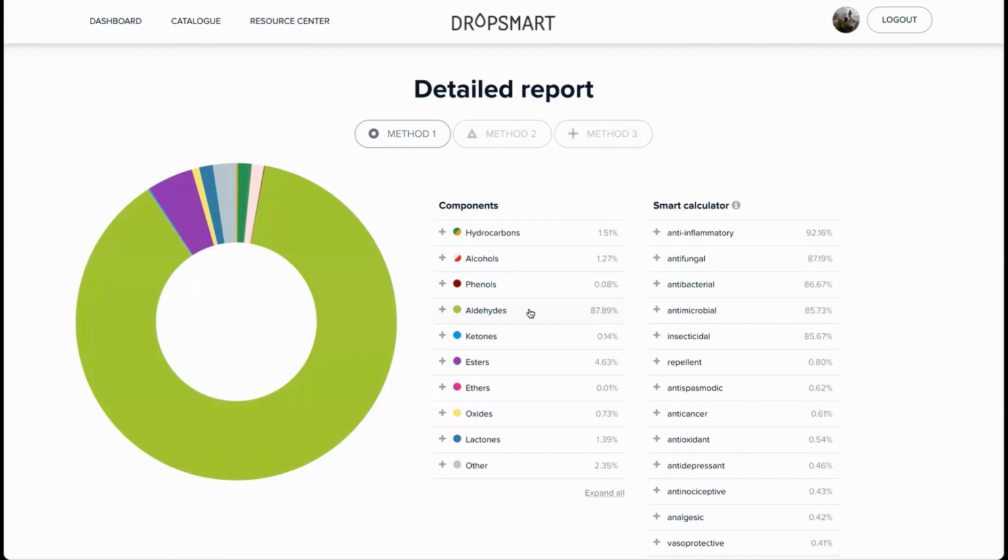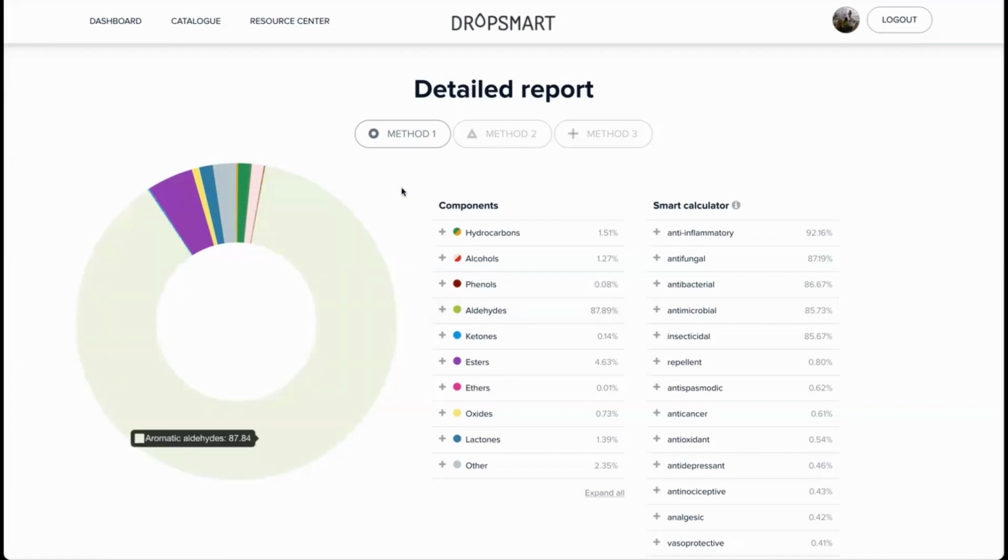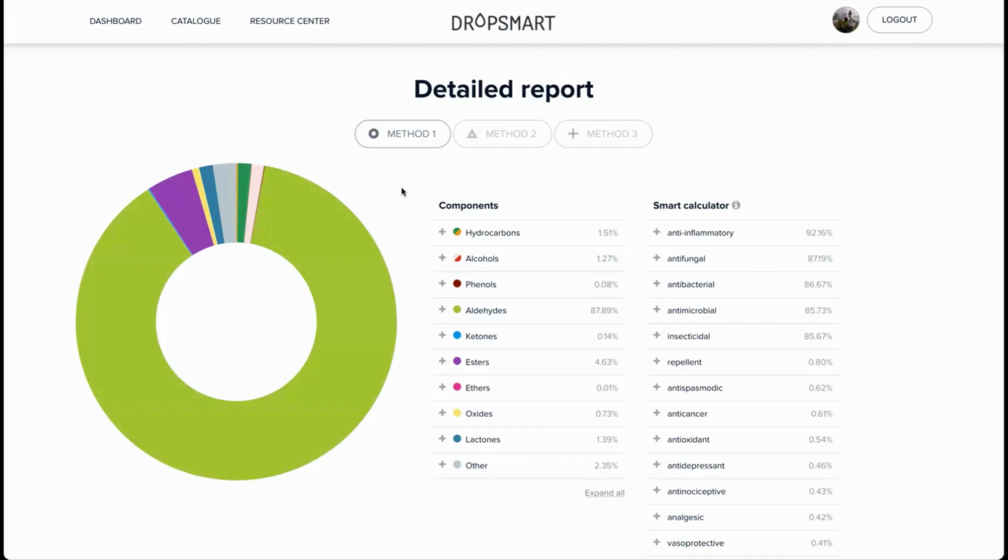So like irritating the nose, the eyes, the respiratory tract. So if you inhale oils that have any of these aldehydes I mentioned in too high concentration, you can have your client have not only a skin reaction, but also a mucous membrane reaction.